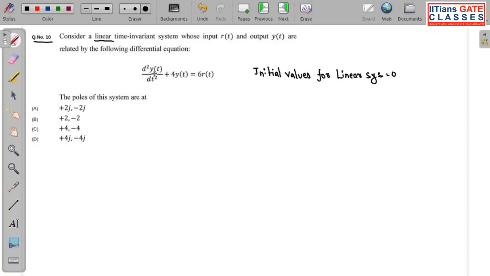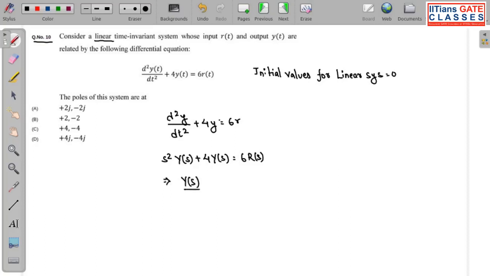Now if I take this differential equation, which is d square y by dt square plus 4y is equal to 6r, and take the Laplace transform on both sides, what will it be? s square Y(s) plus 4Y(s) is equal to 6R(s).